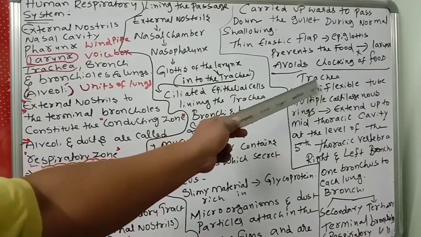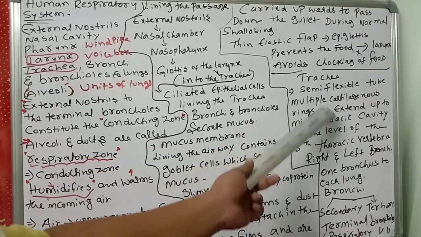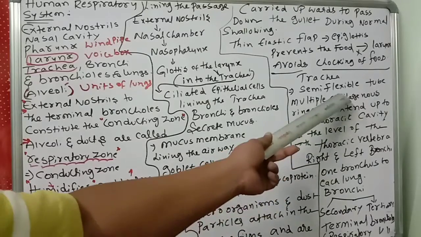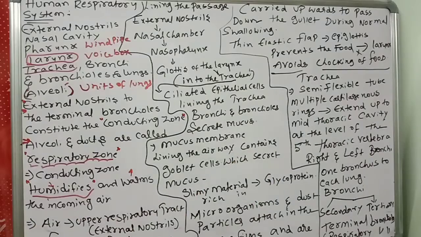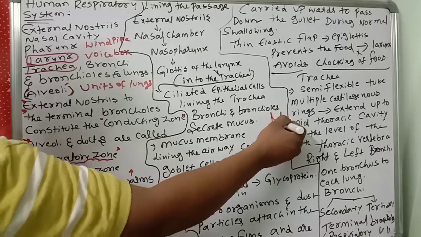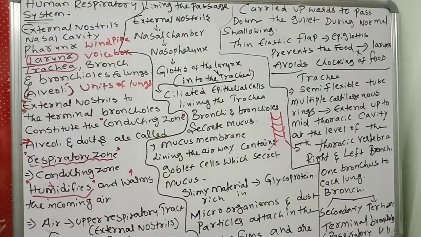These rings protect the trachea from collapsing under pressure. See, this is a trachea for example, and the C-shaped cartilaginous rings are there. They protect the trachea from collapsing.